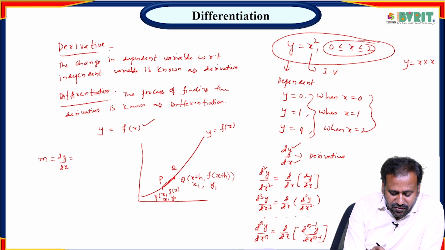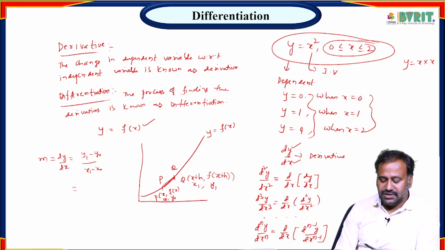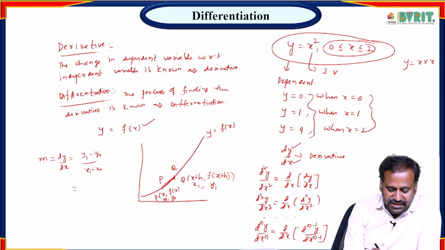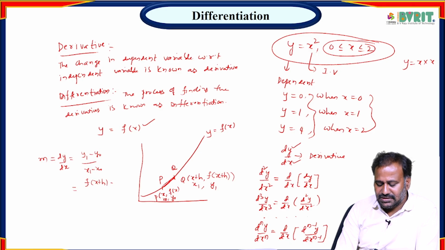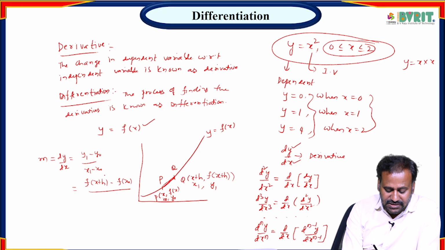Now we know very well that the slope is nothing but y1 minus y naught by x1 minus x naught. For this situation, y1 is f of x plus h, minus y naught which is f of x, divided by x1 minus x naught. x1 is x plus h minus x naught which is simply x.